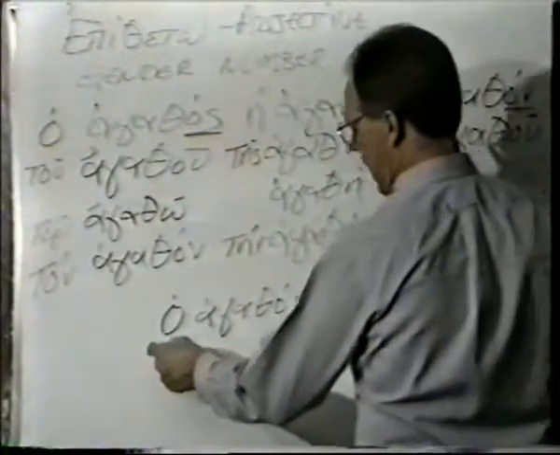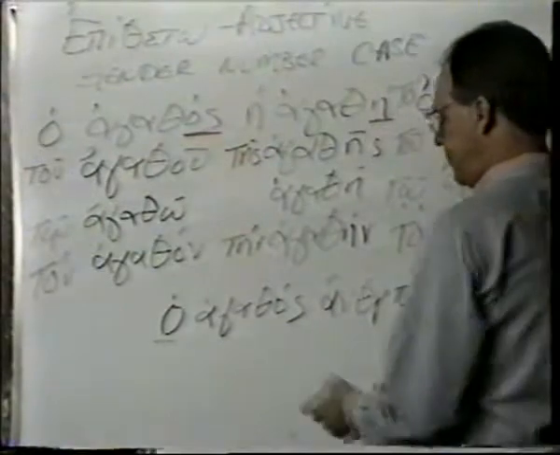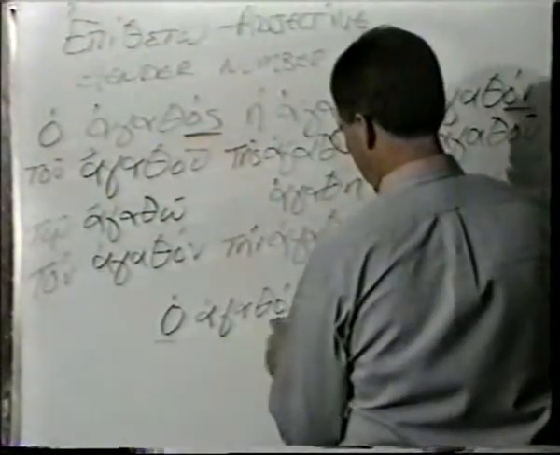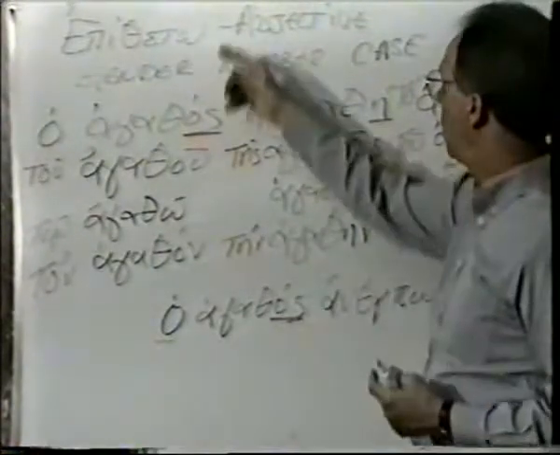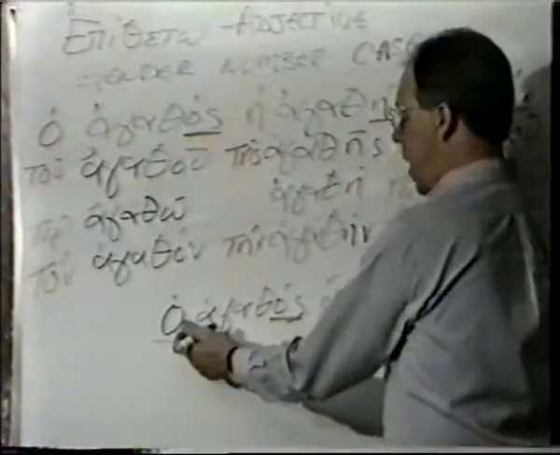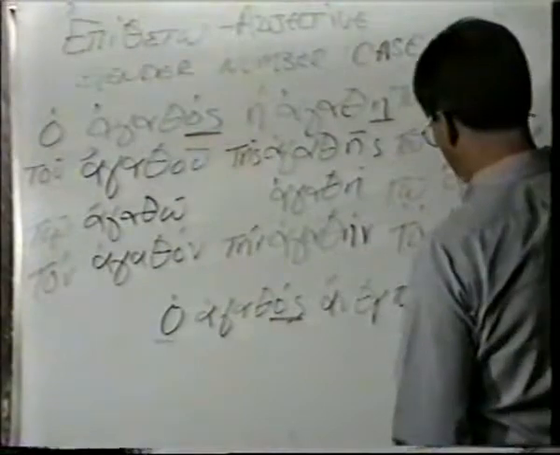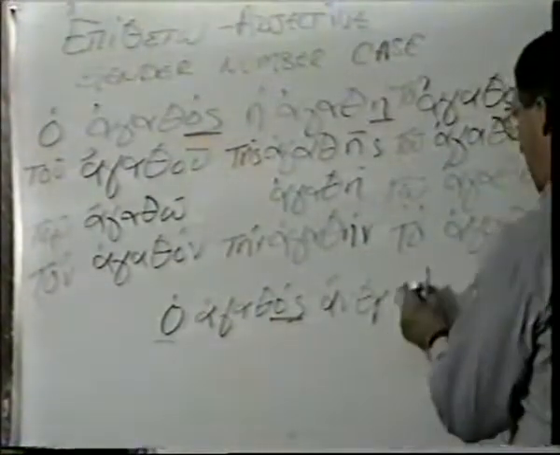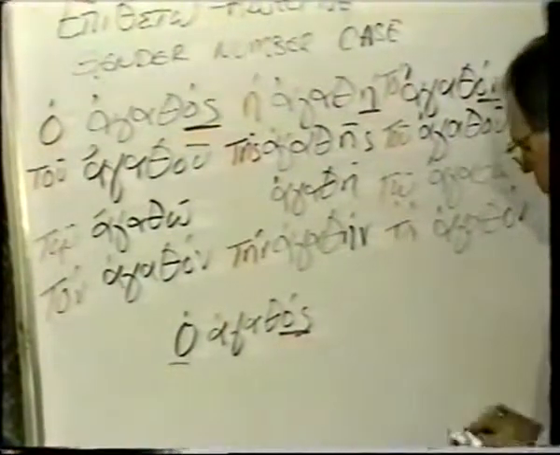We see that we begin with a masculine singular article. In this case, it is nominative. We notice here that this agathos, this epitheto, the adjective, must also agree with the article, which the two of them then will agree with the subject. All I need to do is write it correctly, I guess.